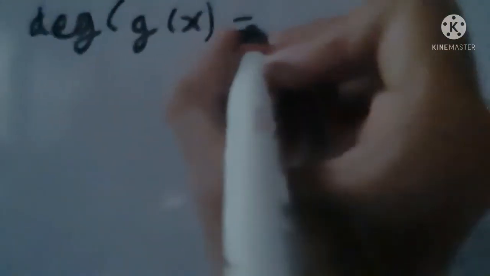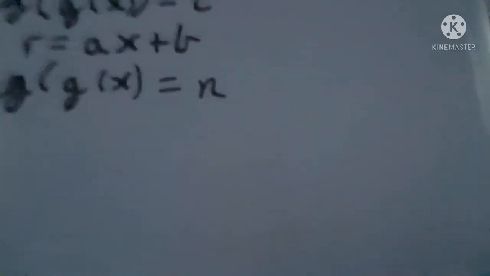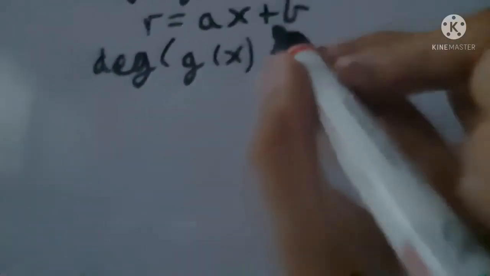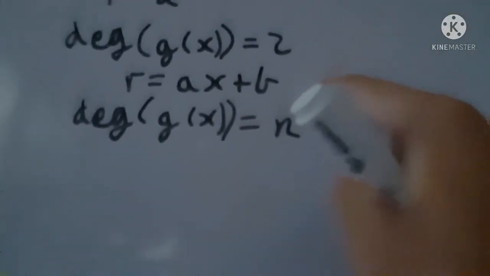Basically, the degree of g of x, let's call this n. Then we know that the degree of r, so here it was 1, here it's 0, here it was 2, here it's 1.